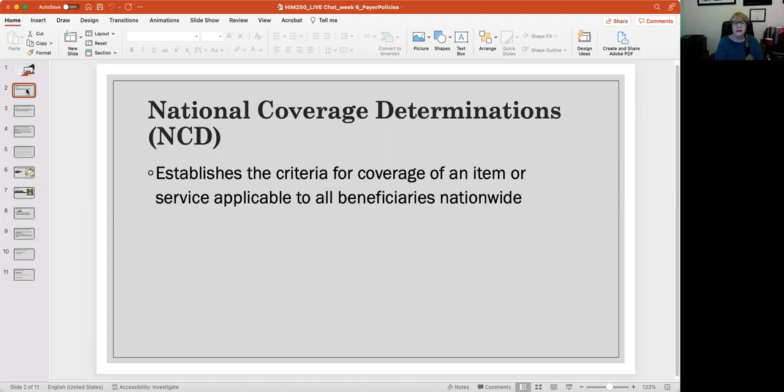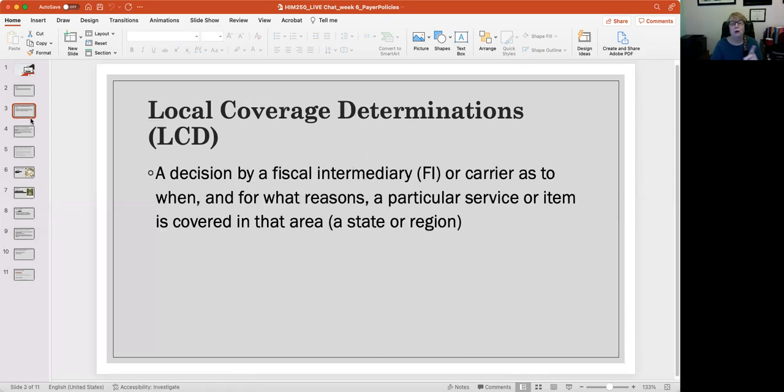Now, as I said, national coverage determination, if something is covered nationally, then that's all 50 states. But it may not be covered nationally. Does that mean it's never covered? No. Then you have to look for local coverage determinations, LCDs, which are decisions made by fiscal intermediaries.